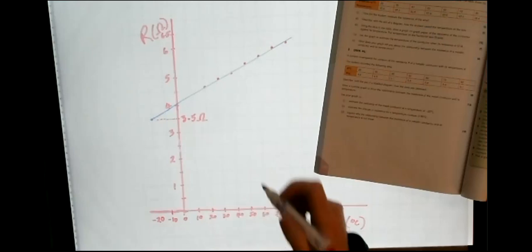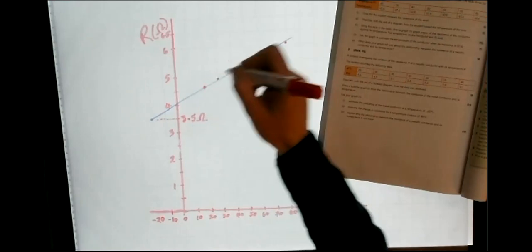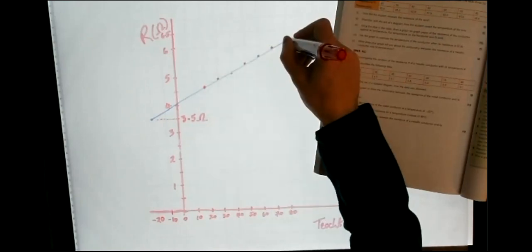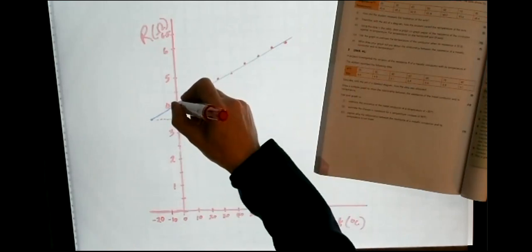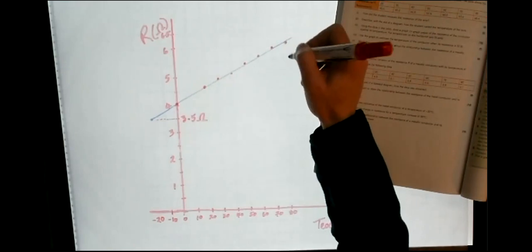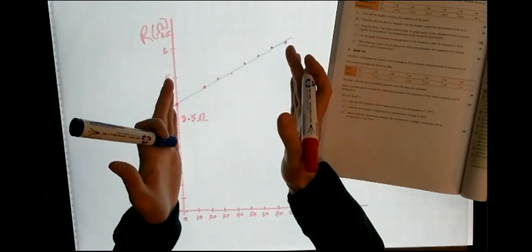Now, third chance, estimate the change in resistance for a temperature increase of 80 degrees. Now, because on the graph we are doing 20 to 80, right? But then you require a change in temperature of 80 degrees. So that means we got 0 and 80. So it requires the change in resistance.